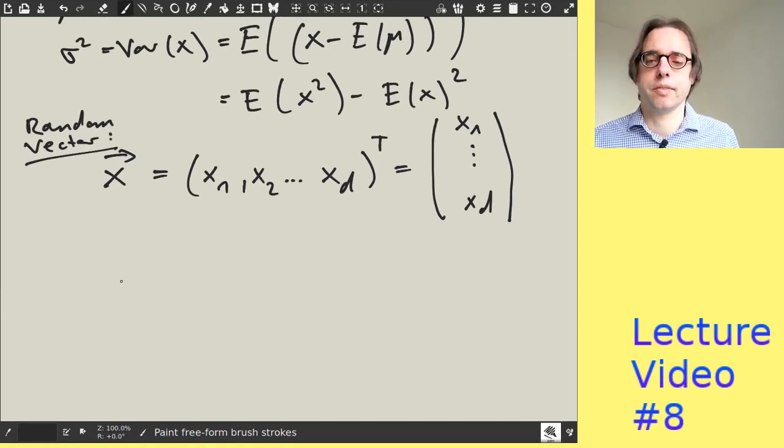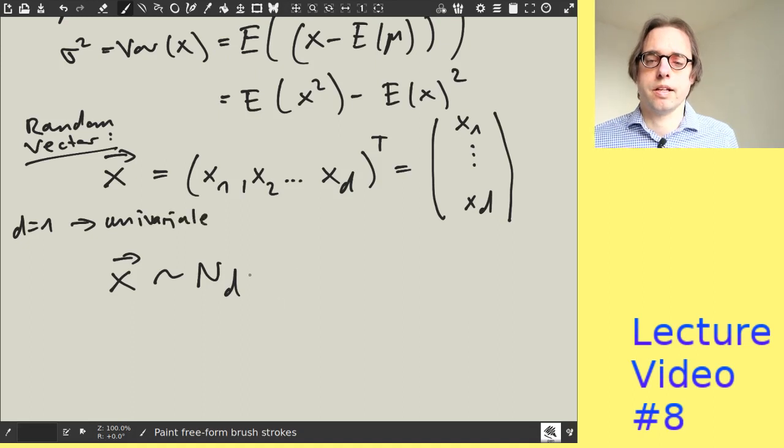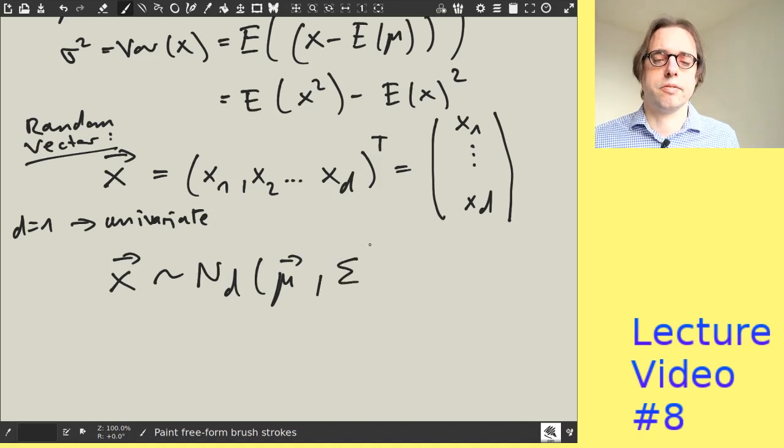We can generalize the above distribution to the multivariate normal that is usually written like this, N_d for dimension, and of course the univariate normal has d equals 1. So this has two parameters, namely the mean vector and something called the covariance matrix.